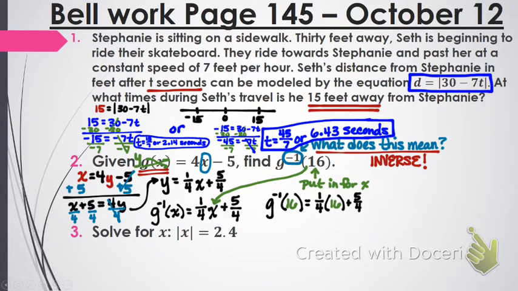What do I get? 4. Yes. So I have 4 plus 5 over 4, which is the same as 1.25. So what do I get when I combine this all together? 5.25.